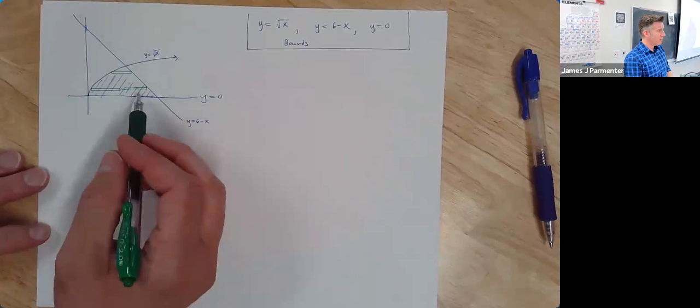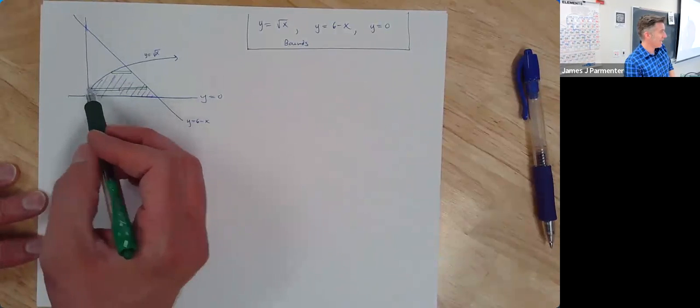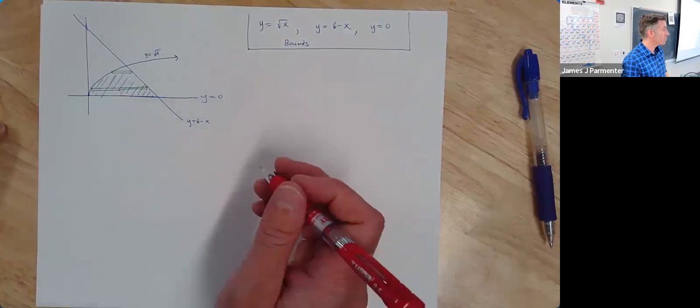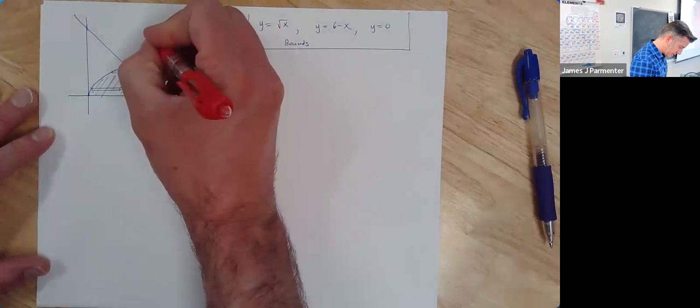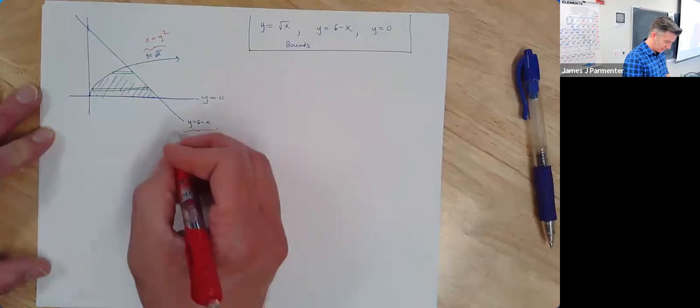When you draw this horizontal strip, you're really thinking of going from left to right, meaning x equals something to x equals something. So usually that means we have to change our functions. We're going to rewrite y equals the square root of x as x equal to y squared, and we're going to rewrite y equals 6 minus x as x equals 6 minus y.